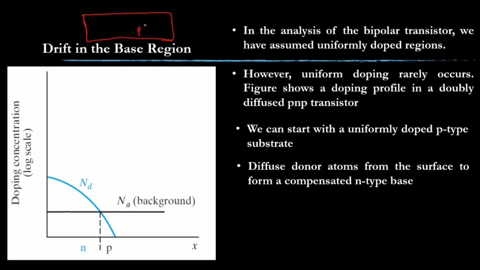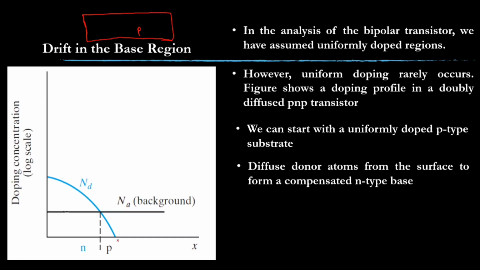Next, we diffuse donor atoms on this uniformly doped p-type substrate. We are diffusing donor atoms on the surface of the uniformly doped p-type semiconductor in order to get an N region.